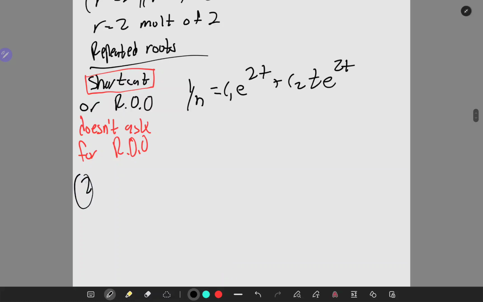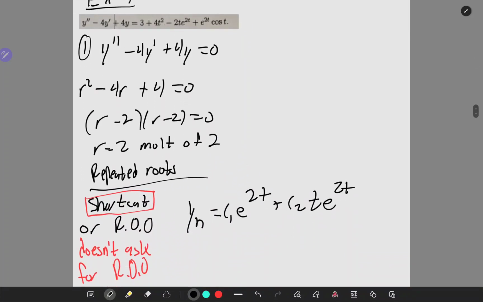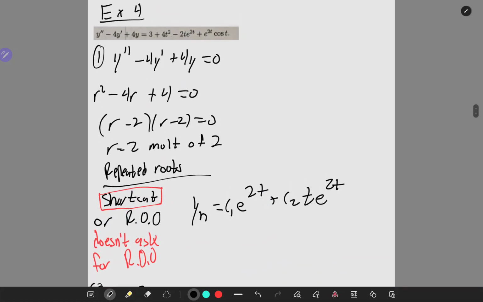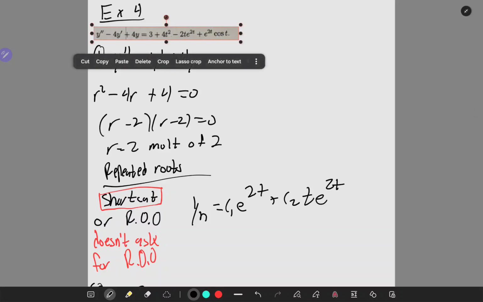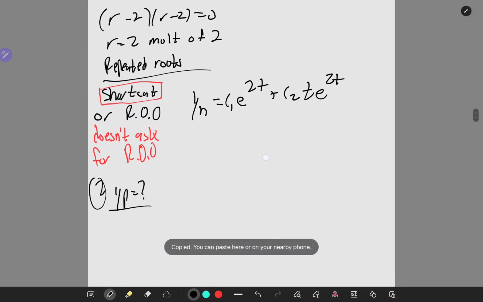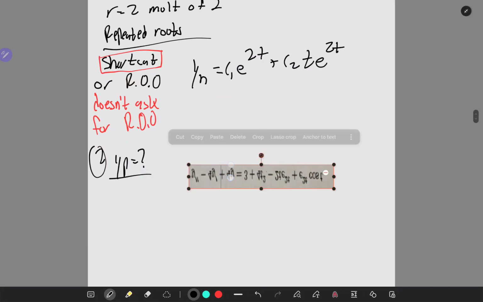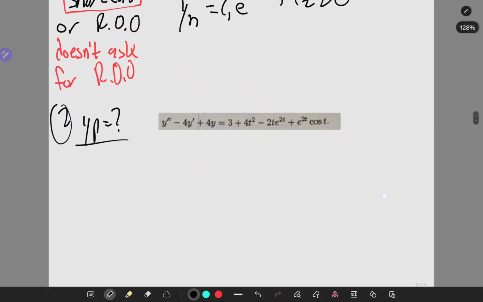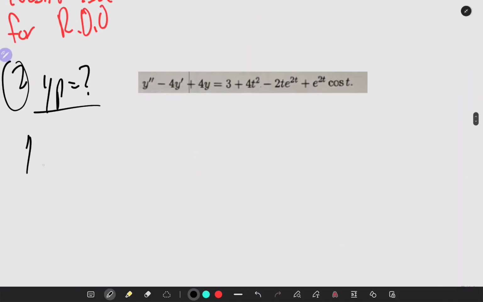Our y sub p, step 2, where g of t is all of that. So we can see, right? Okay, so y sub p, this is our g of t right here, would be equal to, so we have a 3.